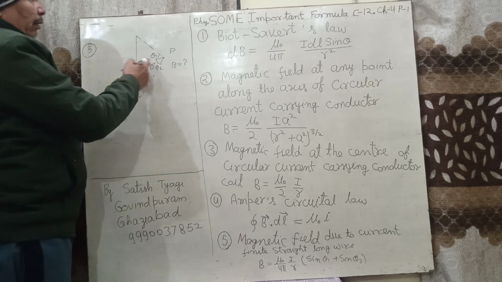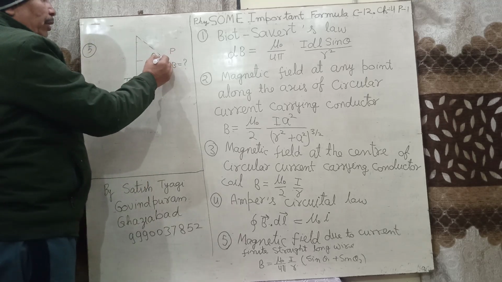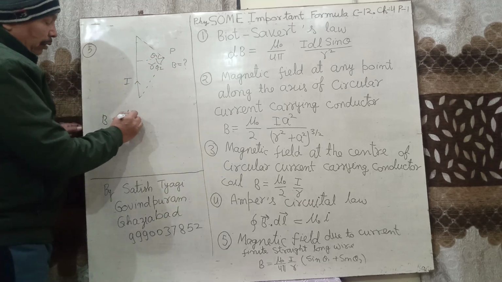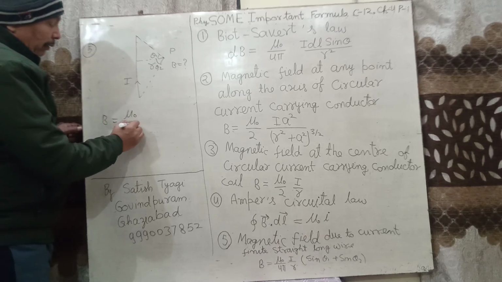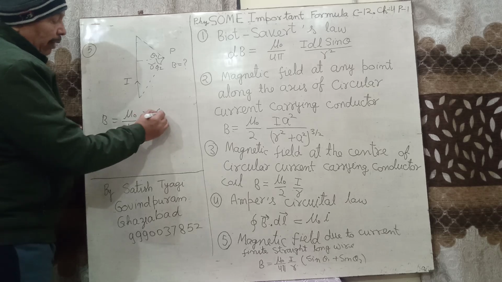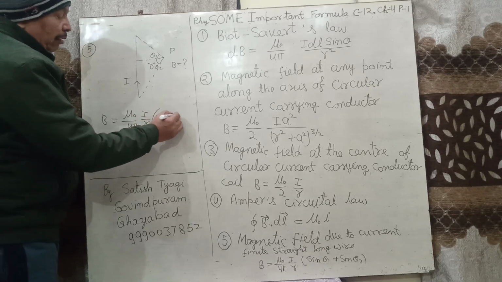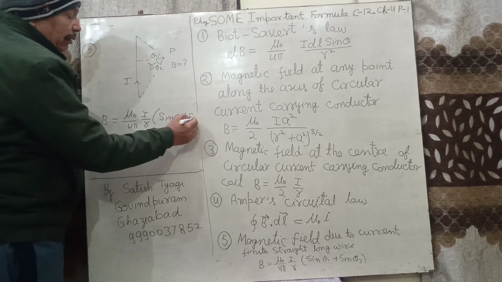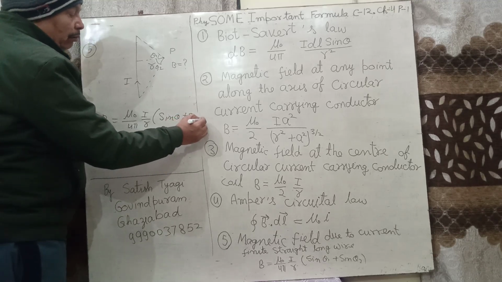Then the magnetic field at the point P, B equal to mu naught upon 4 pi, I upon R, in brackets sin theta 1 plus sin theta 2.